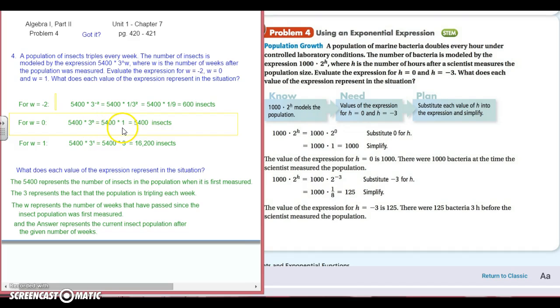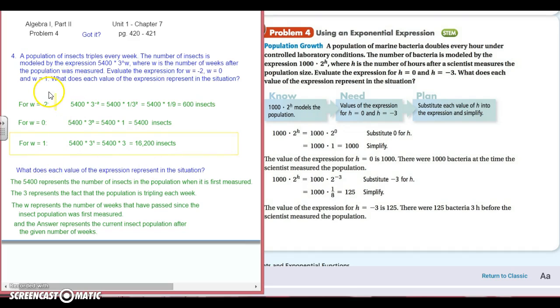Remember that anything to the 0 power is 1, so it's 5,400 times 1, which means 5,400 insects. And then if we substitute 1 in for W, we get 5,400 times 3 to the first power. Anything to the first power remains the same, so it's 5,400 times 3, which is 16,200 insects.